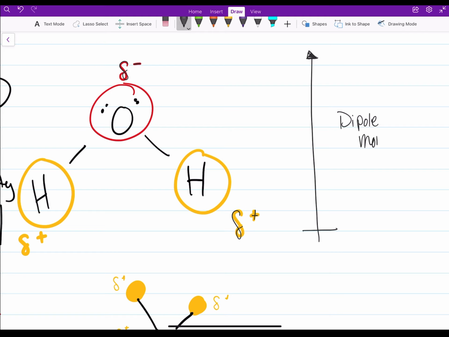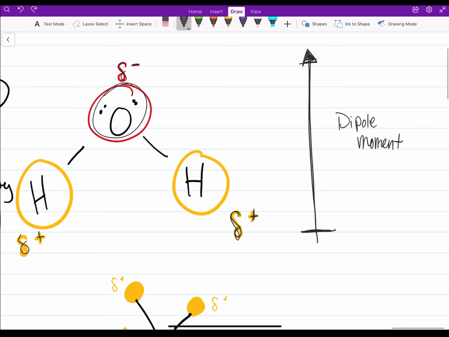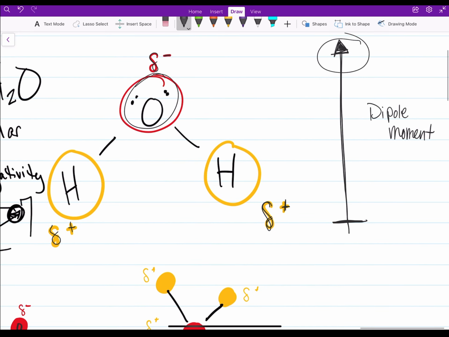So whenever you have an overall polar compound and a pulling of electrons in one way, we call this a dipole moment. The way that we drew this, I drew a plus sign on the end where our positive charges were, and then I drew the arrow pointing towards the negative side. Down here at the bottom we had the partial positive, and up here at the top we were headed towards the negative side. That would be called a dipole moment.